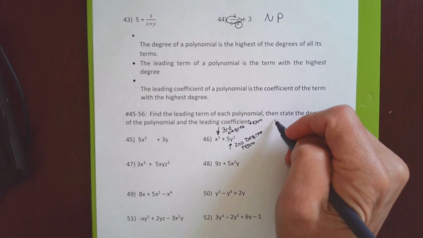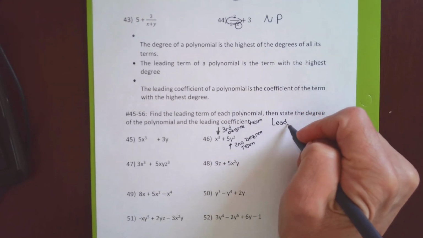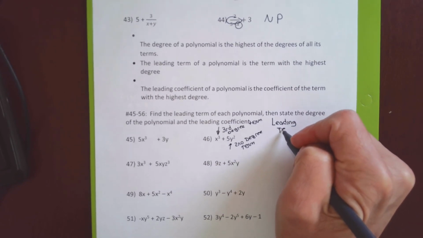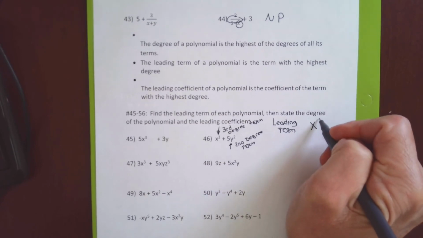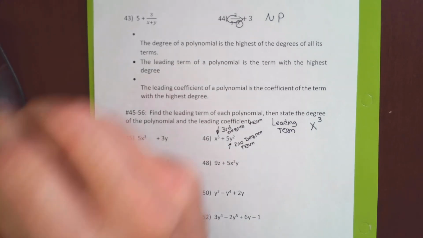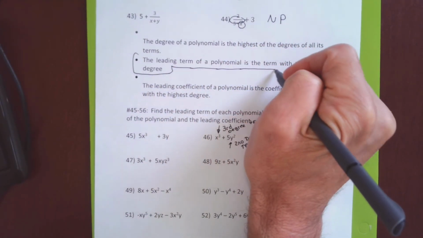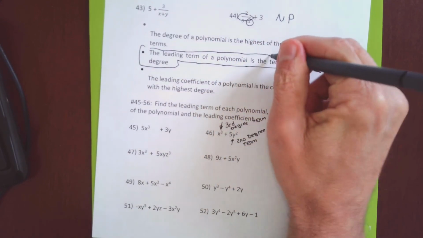So in this particular problem, it has 2 terms. It doesn't matter which one is written first. In a polynomial, the leading term is the term that has the highest degree. And in this case, it's x cubed. So in the world of this definition right here, the leading term of the polynomial is the term in the polynomial with the highest degree.